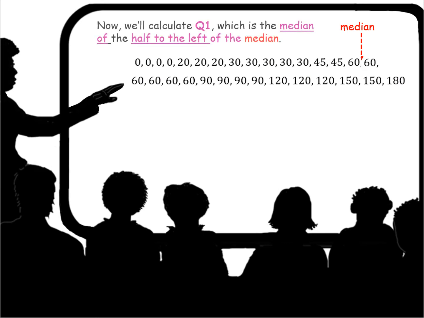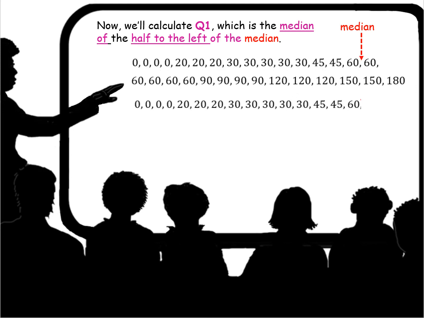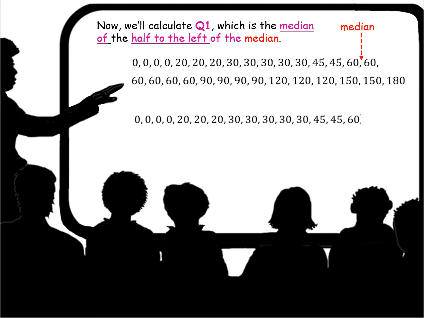Alright, so now we know where our median is. So we're going to calculate Q1, which is actually the middle number or the median of the half of the data that is to the left of the median that we just found. So it's going to be the middle value of all of these.